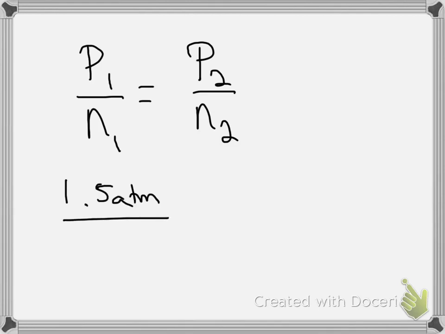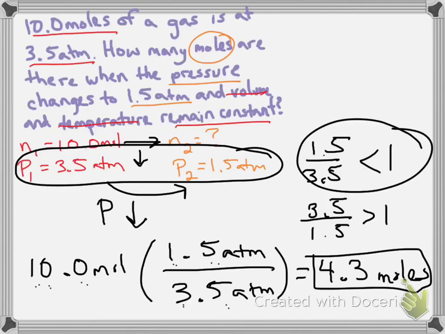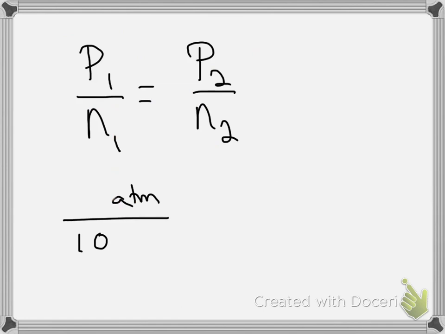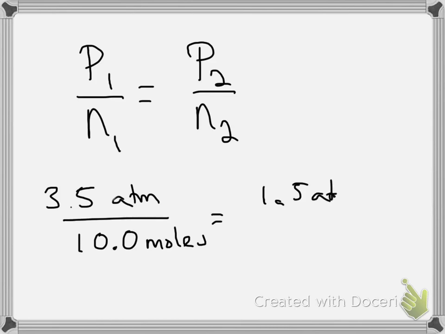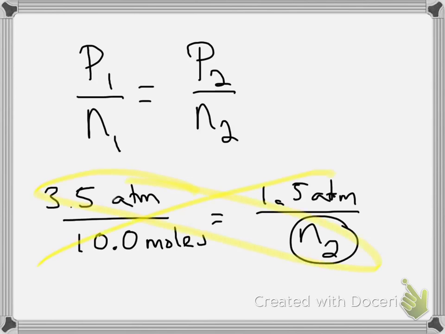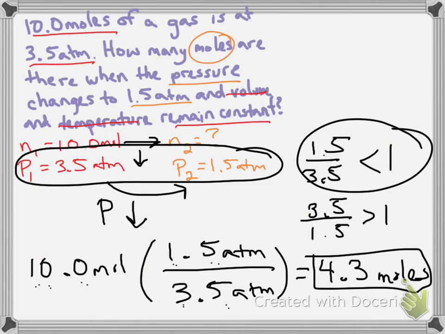My P1 is 3.5 atm, so 3.5 atm over 10.0 moles is equal to the 1.5 atm, which is my P2, over my moles, and that's what I'm calculating. And using cross multiplication and solving for N2, you would get the same exact answer and the same setup as right over here.